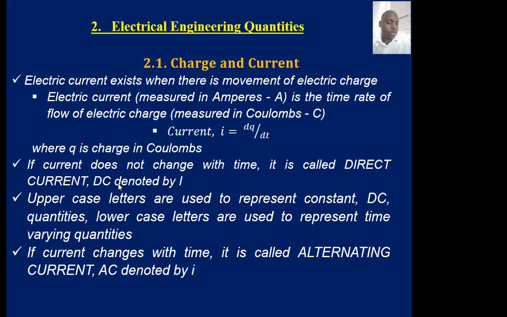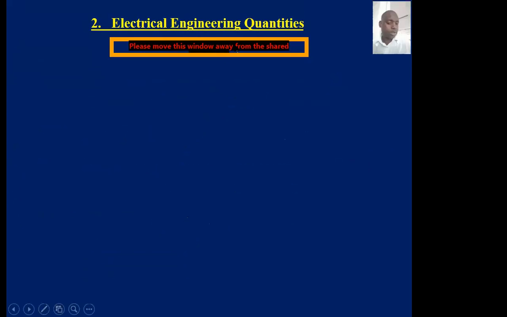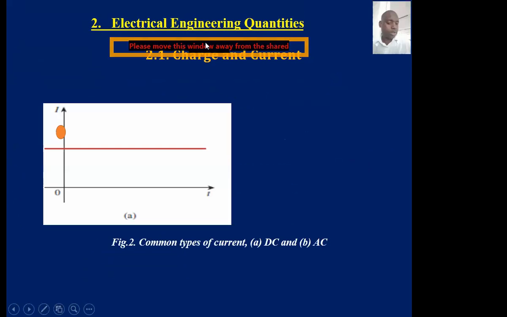DC does not change with time. AC changes with time: either it changes magnitude, or it changes direction, or it can change both.